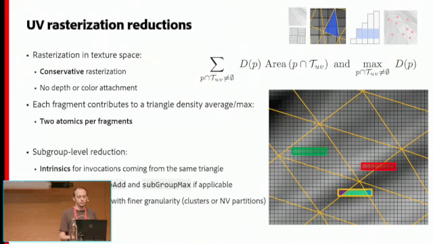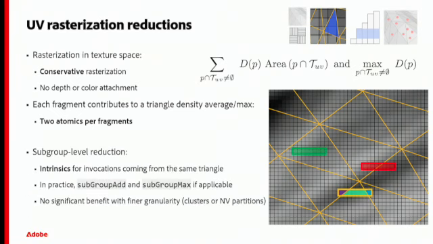So instead, we use the fact that we can use subgroup intrinsics in a fragment shader. If all the threads from a given subgroup belong to the same triangle, we can perform a subgroup reduction using the subgroup intrinsics if possible. If it's not possible, we simply fall back to using those per fragment atomics.